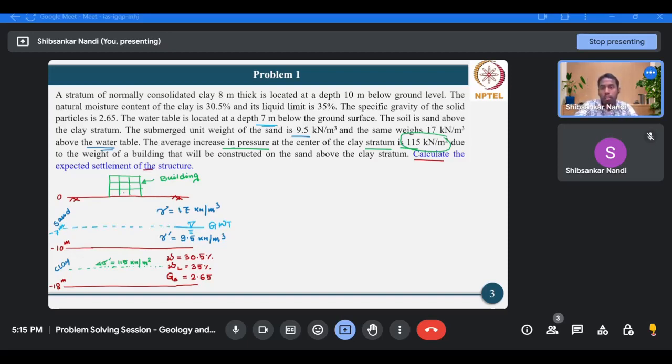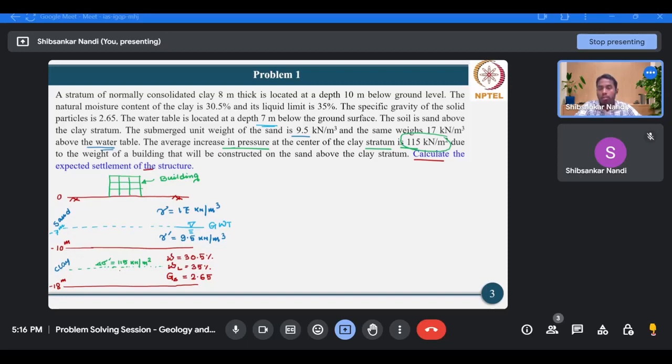Now, as you know, this expected settlement of the structure would be due to the primary consolidation settlement of the clay, as well as, truly speaking, immediate settlement of the sand. But in this problem, since the data required for calculating the immediate settlement of sand is not provided, we'll restrain ourselves only to the calculation of primary consolidation settlement of the clay.